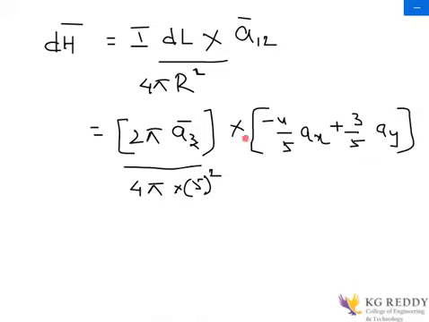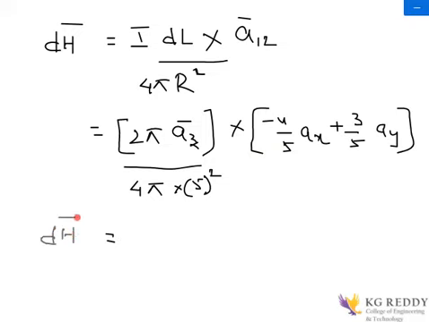Now, if you see here, this is not a multiplication, this is a cross product. You need to understand that this is a cross product. When you are doing this cross product, you already know there are two different types: either you can directly multiply az into ax, az into ay, and so on, or else you can solve that in the matrix form. Here I am not solving everything, but I am writing this cross product directly. So finally, this dH bar.